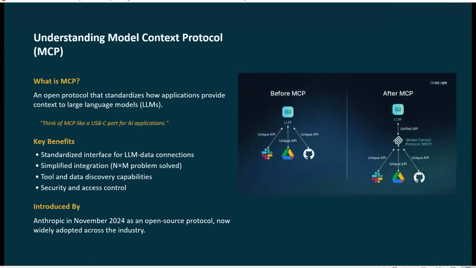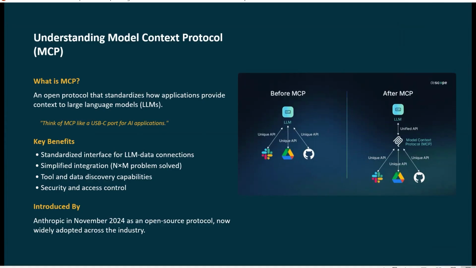Now, let's take a closer look at MCP. It's basically an open protocol that standardizes how applications provide context to LLMs. I like to describe it as the USB-C port for AI applications, a universal connector instead of a messy tangle of custom adapters.